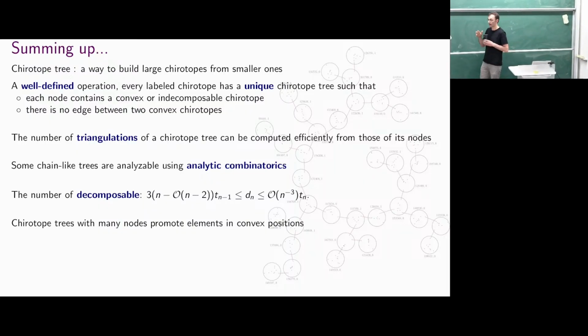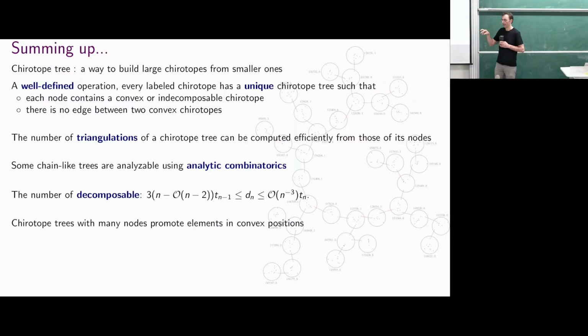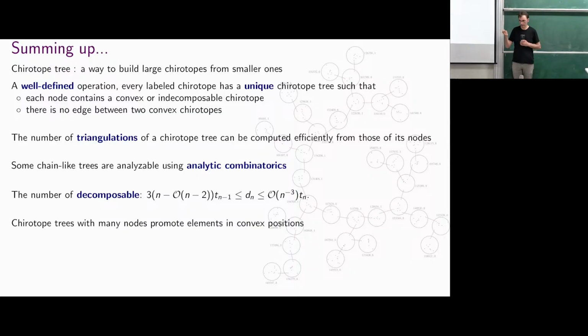When you take a realizable chirotope, it always has at least n to the 4 extensions, because you pick a realization, you draw every line through 2 points, and that divides the plane into n to the 4 regions, ignoring constants. When you place the next point in a different region, you get different chirotopes. And n to the 4 is about the right number, because the total number of chirotopes is n to the 4n. So when you iterate n to the 4, it matches.